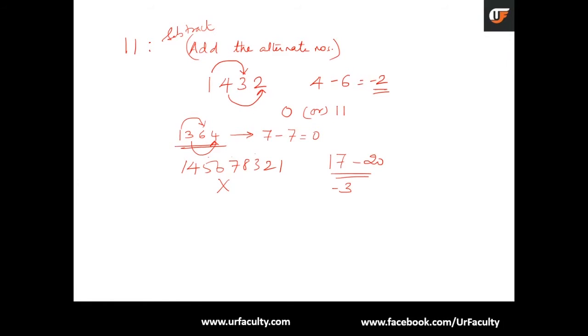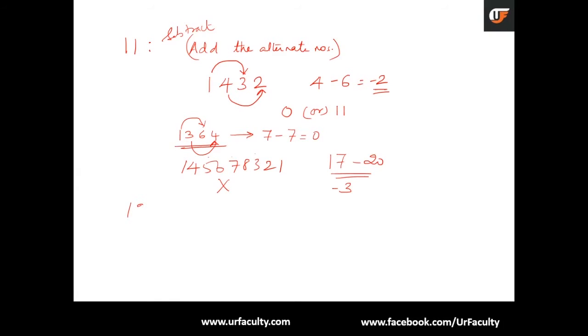So I repeat it again. All that you have to do is sum up the alternate numbers and then do a subtraction. Hope you understood this. It's a pretty simple one and very useful when you start looking at bigger numbers. We can apply a lot of such rules.